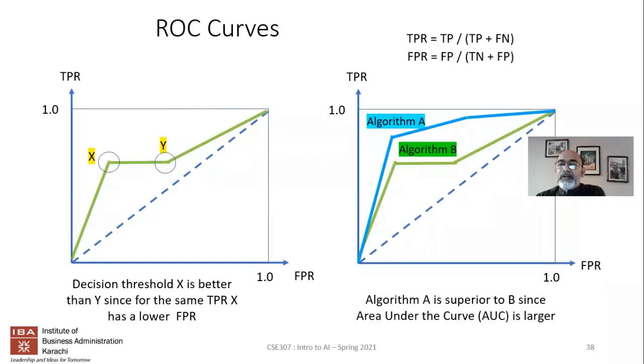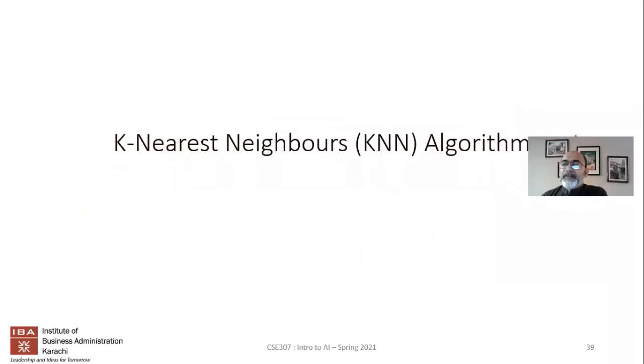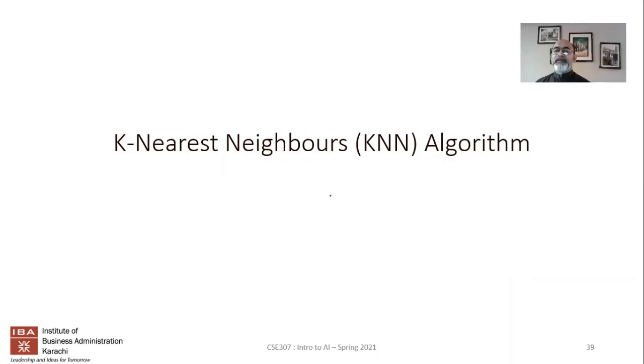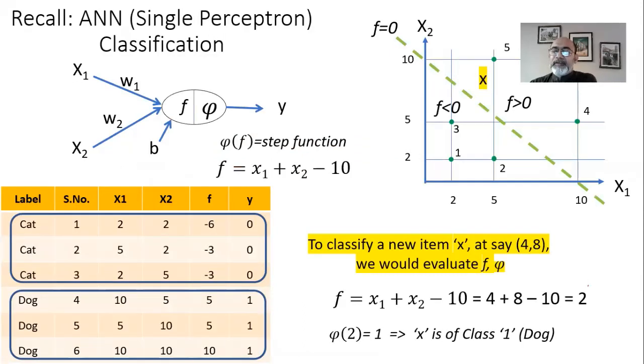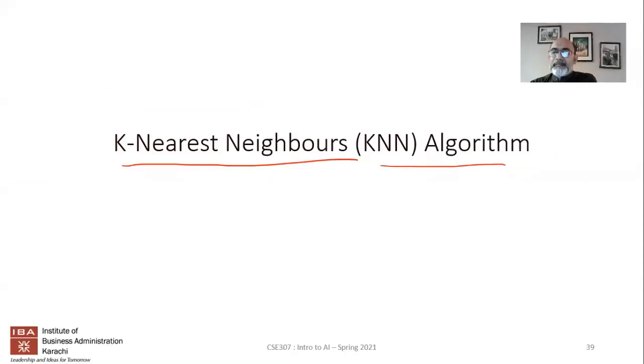Okay, so the next major topic is another algorithm, which is referred to as the KNN algorithm, K nearest neighbor, or simply KNN. This is another classification algorithm. It's a machine learning algorithm, and it's also a supervised algorithm.